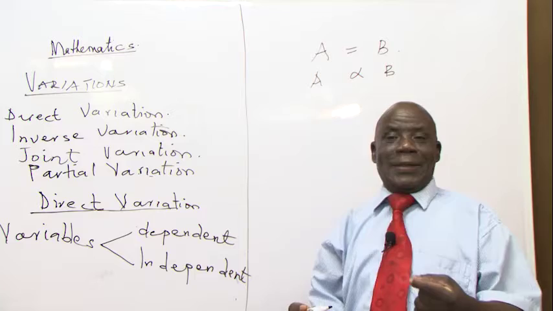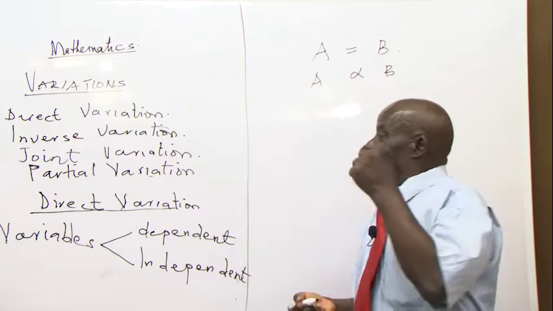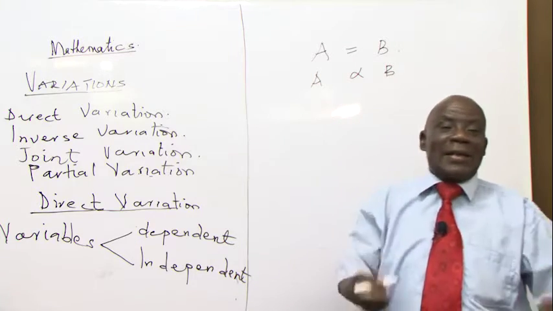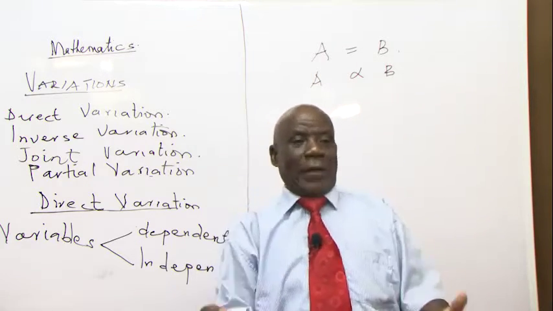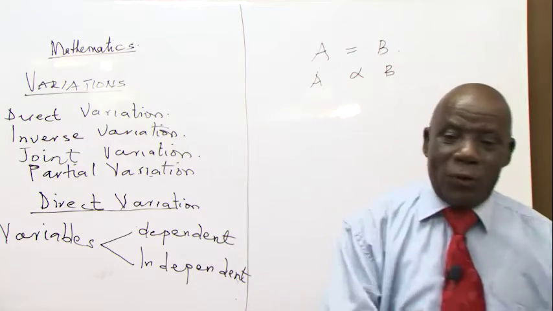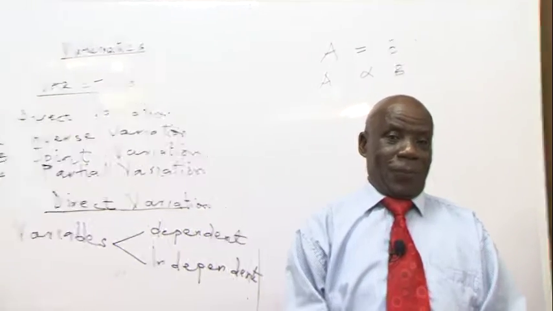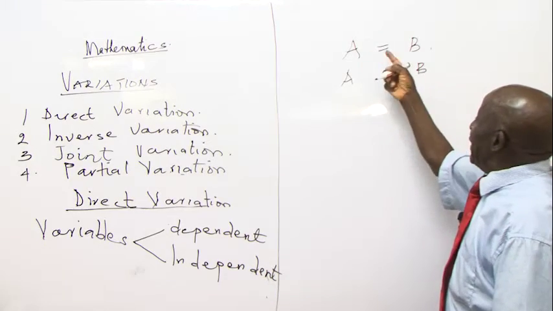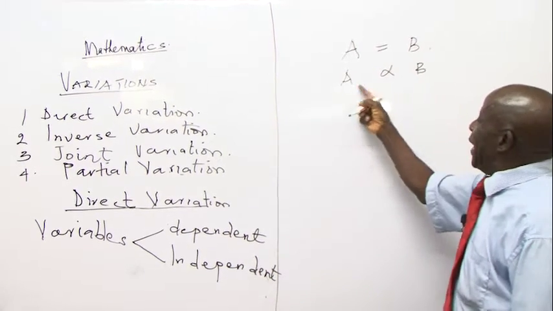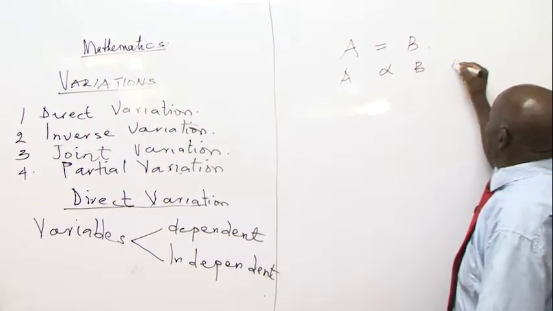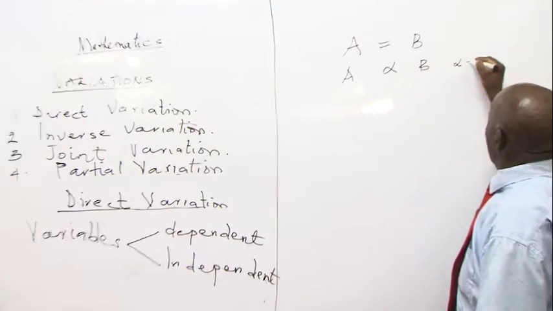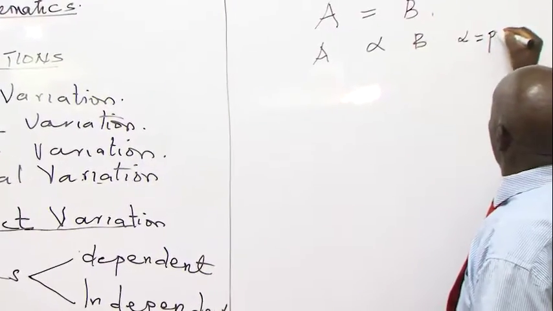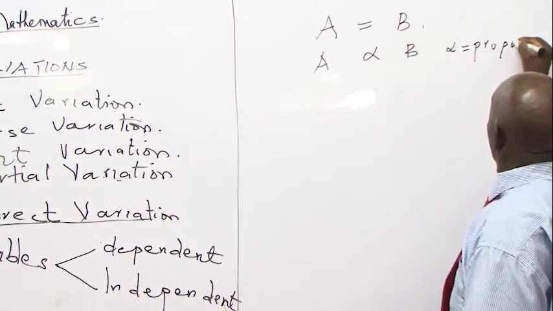For the fact that you have a direct relationship with your friend does not mean that you and your friend are the same. This sign means the proportionality sign, proportional.